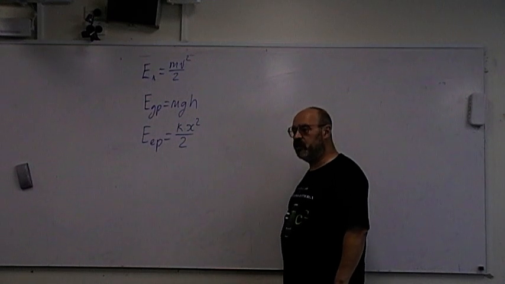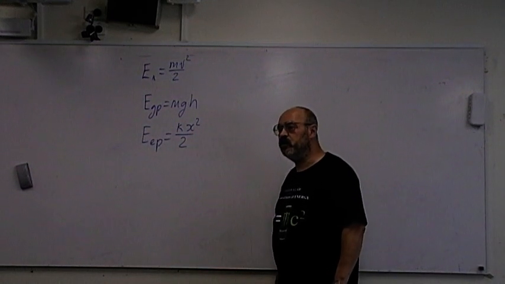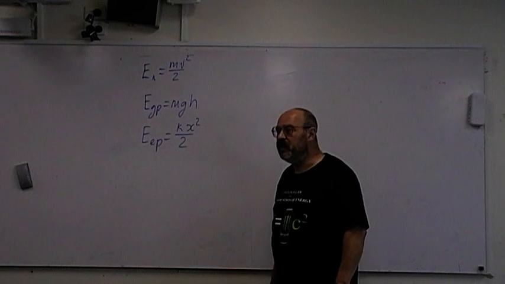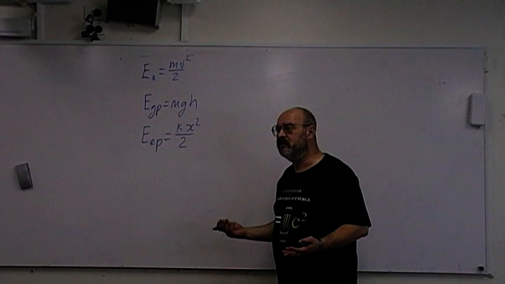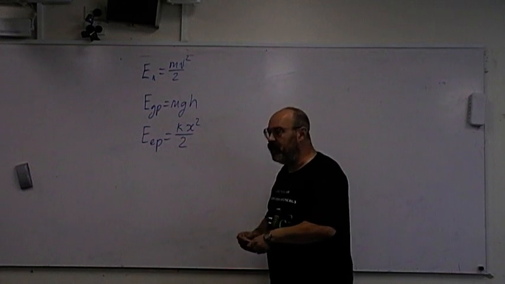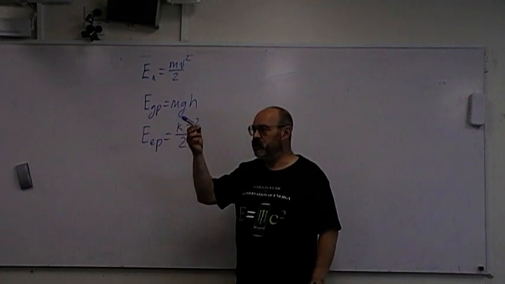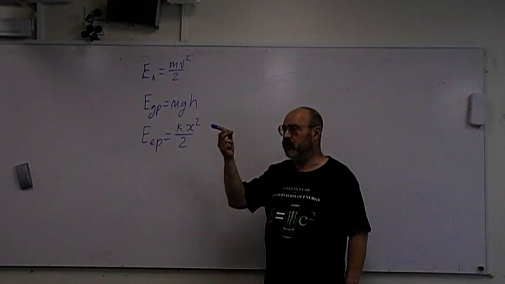Now, when we're looking at mgh, we cannot find what the gravitational potential energy is until we do what? We decide where h is 0. Let's say this has a mass of 100 grams, or 0.1 kilogram.